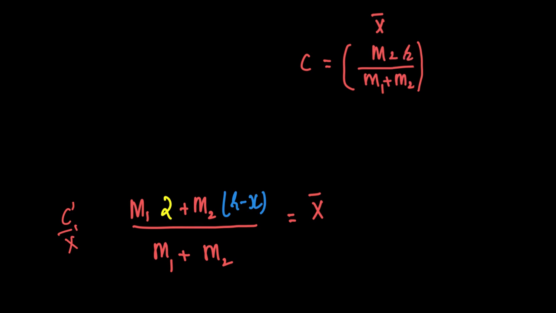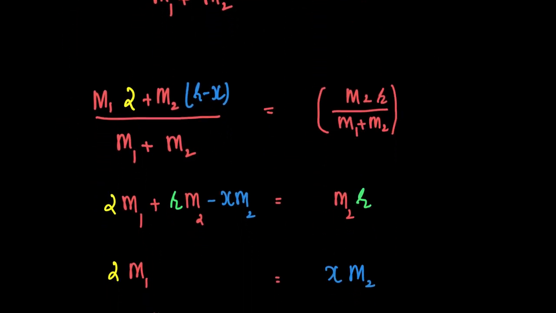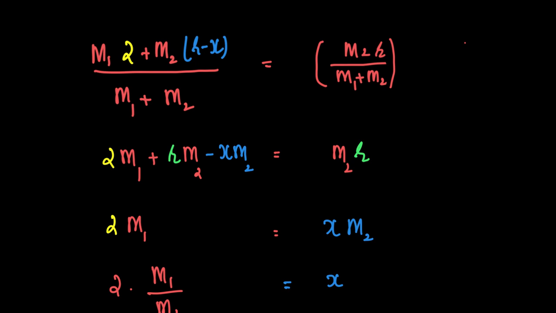If we equate the corresponding x coordinates, 2m1 plus m2 into r minus x is equal to m2r. m1 plus m2 will cancel from both sides. Now 2m1 plus m2 into r is rm2, m2 into x is minus xm2, equal to m2r. Now what will cancel here?